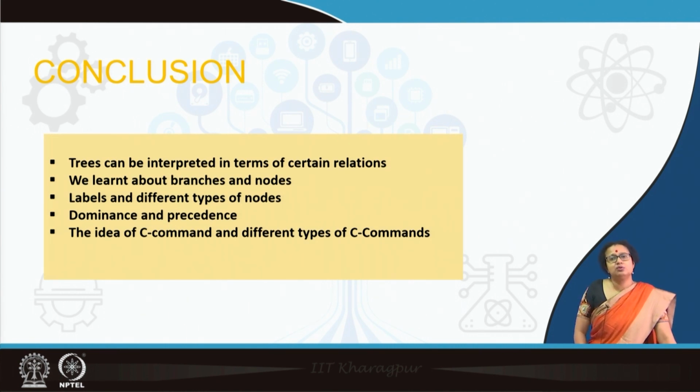We learnt about branches and nodes and different types of nodes as well. We learnt about labels. We talked about the idea of dominance and precedence, and also dominance is related to hierarchical structure, precedence is related to linear structure, etc.